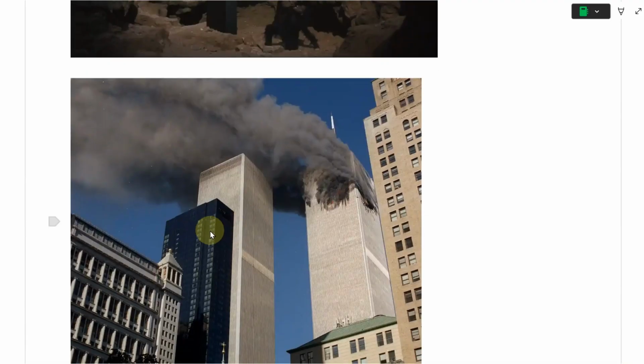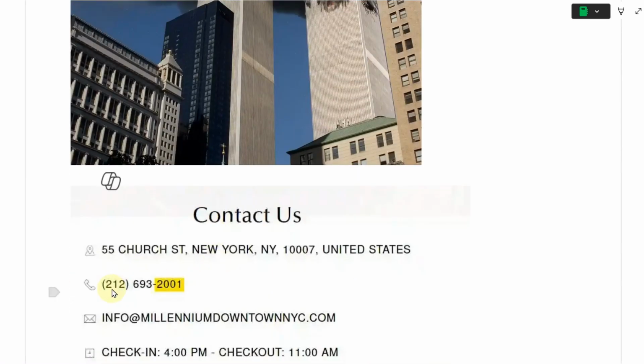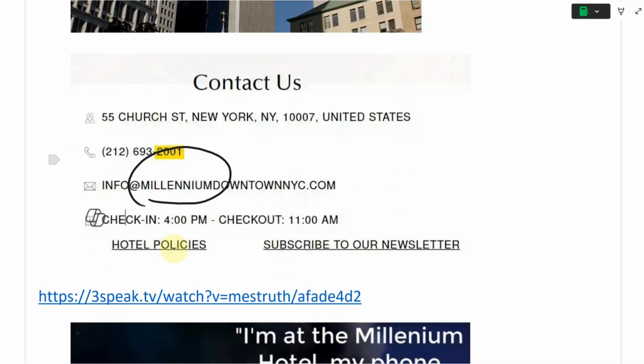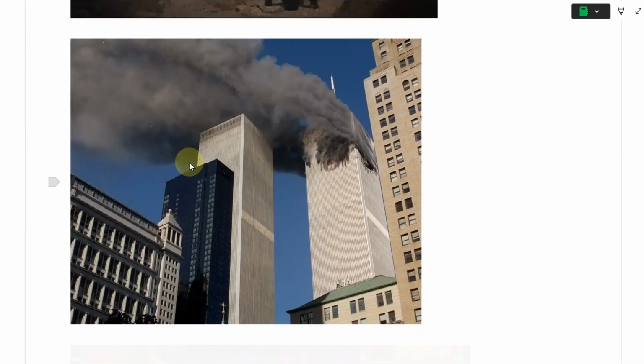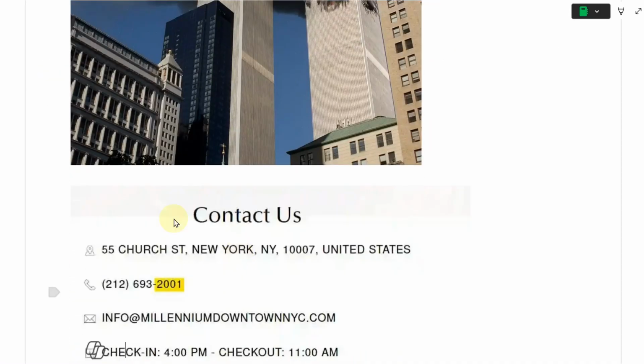And there's the Millennium Hilton Hotel standing right next to the Twin Towers on 9/11, and again, the contact number is 212-693-2001. It's called Millennium, and we'll get to that naming as well. It looks just like a black monolith, and then it has 2001 in there.